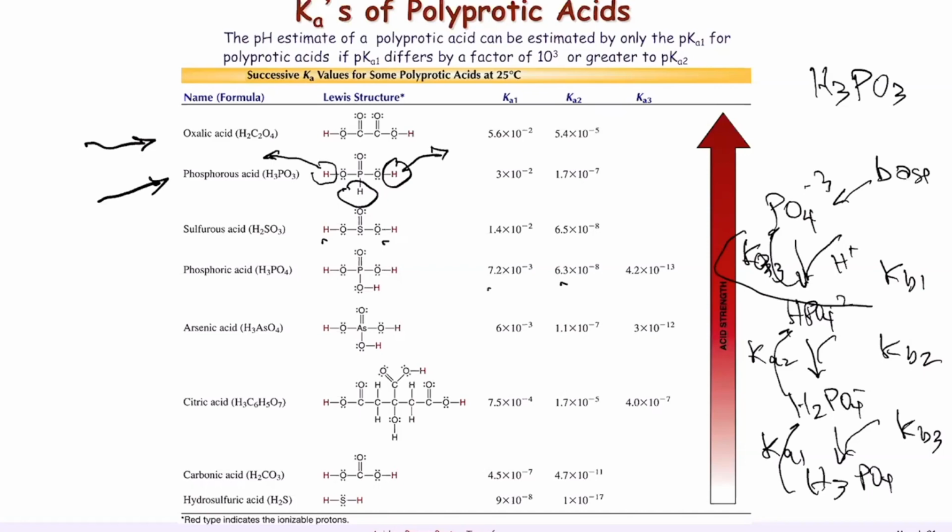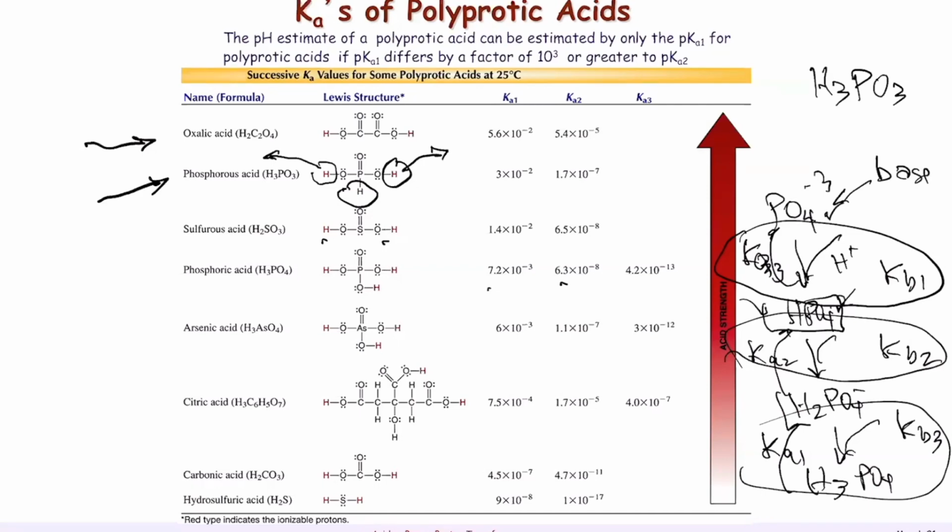Because these have a special relationship that I might not get to in today's discussion, between the Kas and Kbs of conjugate pairs. These two are conjugate pairs. These two are conjugate pairs. And then these two are conjugate pairs. This is not a conjugate pair of that.